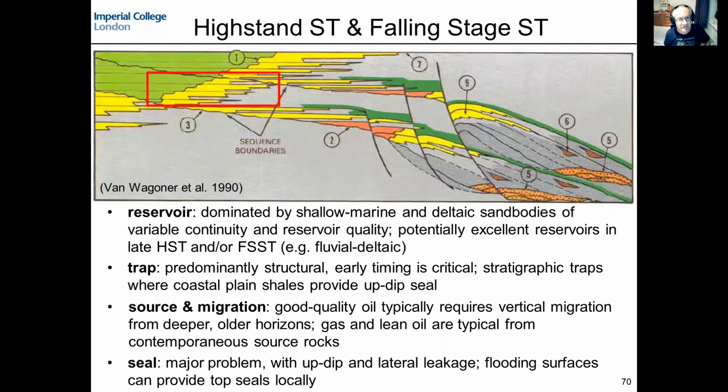Flooding surfaces associated with individual parasequences, so that would be represented by these individual zigzags within these series of stacked sand bodies, can provide local seals, but they will not provide seals for a number of these vertically stacked units. So we're really relying on broader seal and trap configurations.